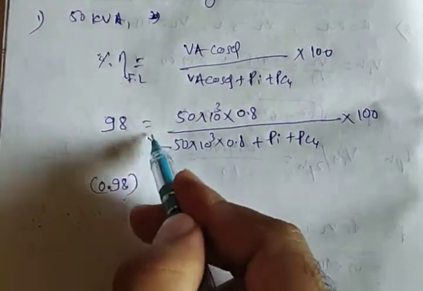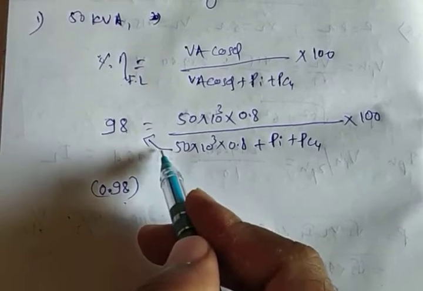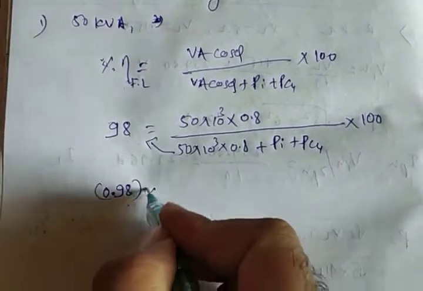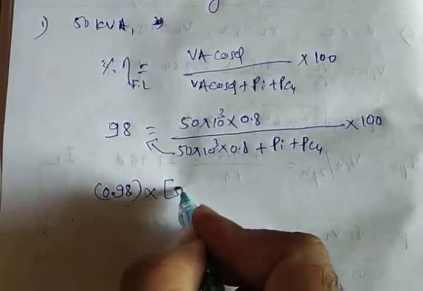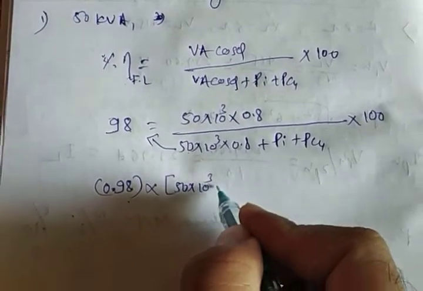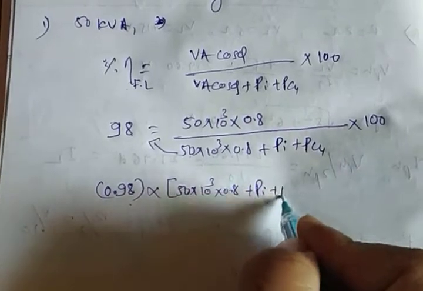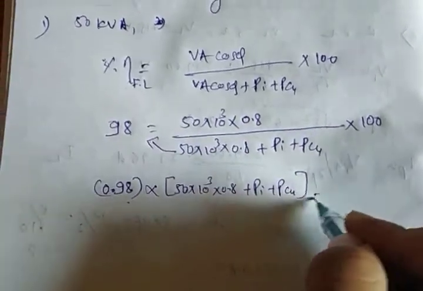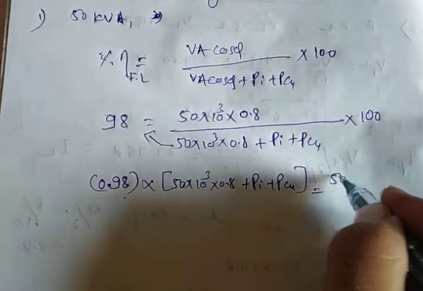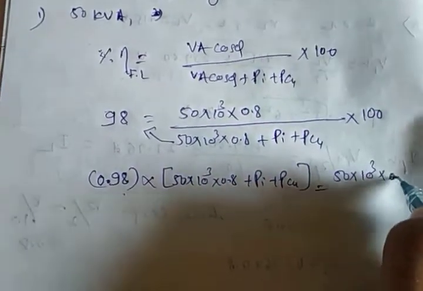So now I will bring this denominator term to the LHS side. So 0.98 is multiplied with 50 into 10 to the power 3 into 0.8 plus Pi plus PCU, is equal to, this is as it is on the RHS side, 50 into 10 to the power 3 into 0.8.